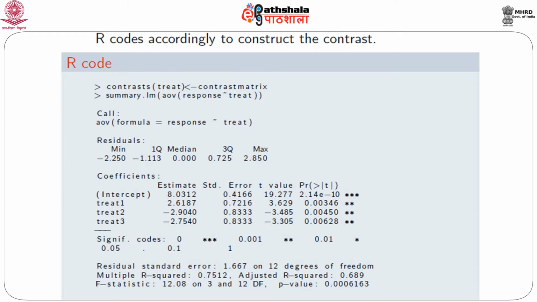Now, if we wish to test any other contrast, we can do so by writing the R code accordingly to construct the contrast. In the case of Tukey HSD, we are comparing all the pairwise contrasts. We do not have any control over which contrast we want to see.